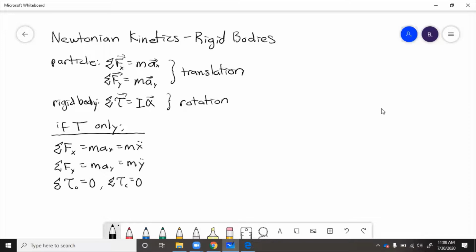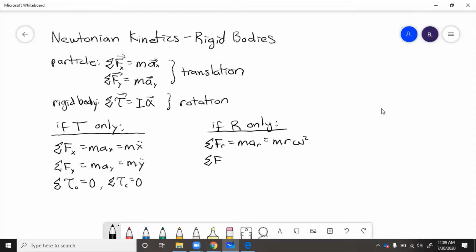Now for fixed axis rotation, this is in polar, sum of the forces in the r direction equals m ar equals m r omega squared.